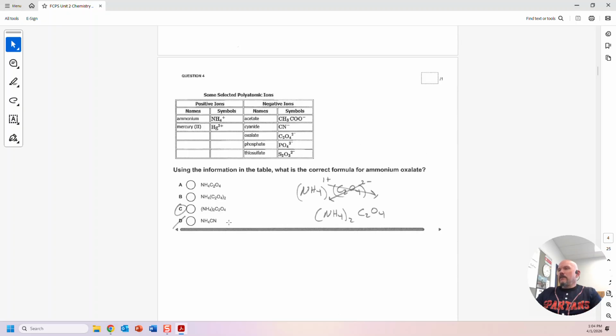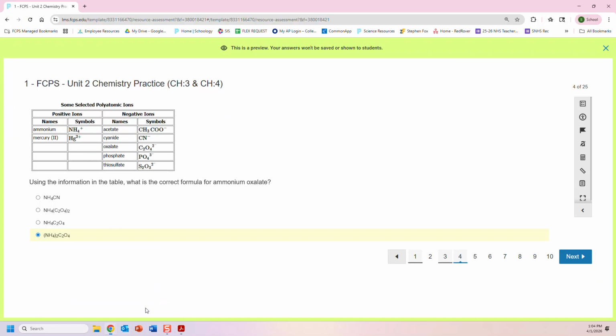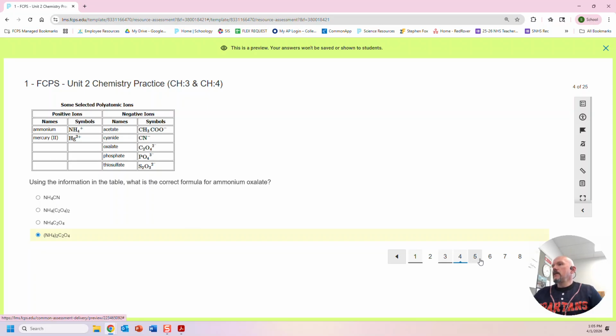And then, process of elimination, if we go back to the question, it can't be this one because that has cyanide. So it's talking about oxalate. So it's not that one. So we can cancel out that one, right? And if we had to take a blind guess, hopefully we could narrow it to at least 3 choices and not 4 choices. Okay.